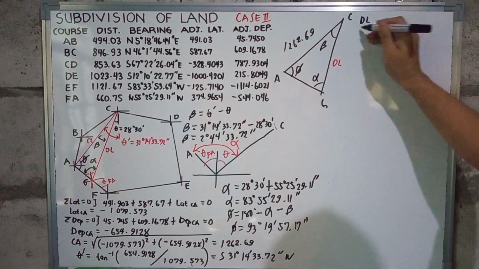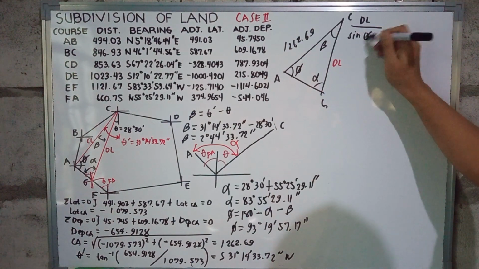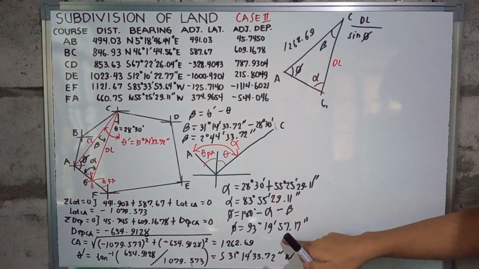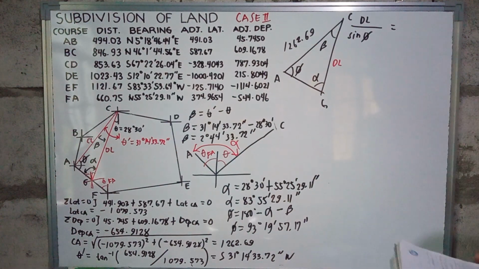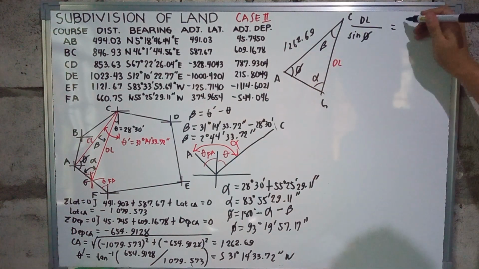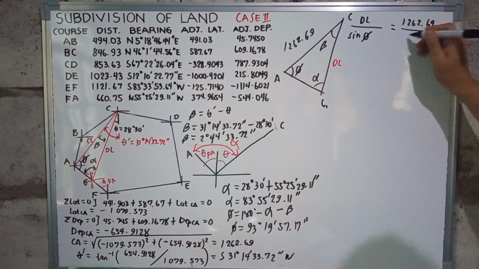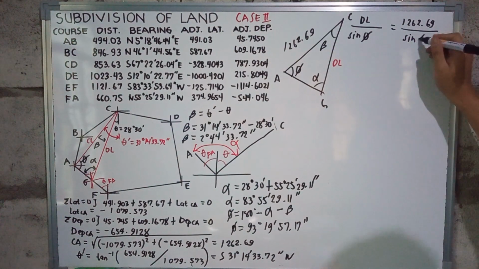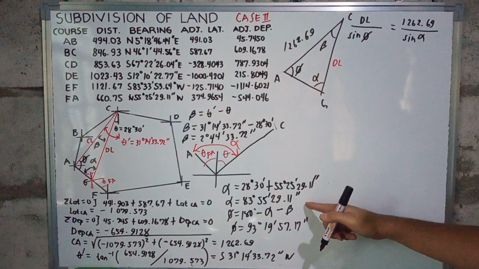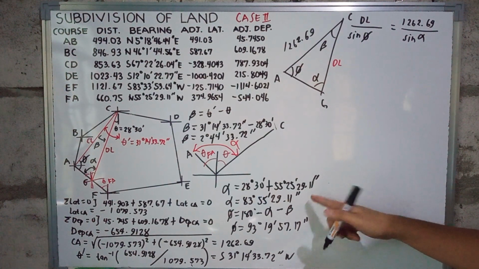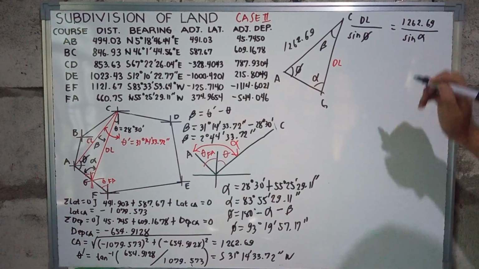Dividing line all over sine P, wherein P natin is equals to 93 degrees, 19 minutes, 57.17 seconds, is equals to 1,262.69 all over sine alpha, wherein alpha is equals to 83 degrees, 55 minutes, 29.11 seconds. So, makukuha natin yan kasi may mga value na tayo ng mga angle.